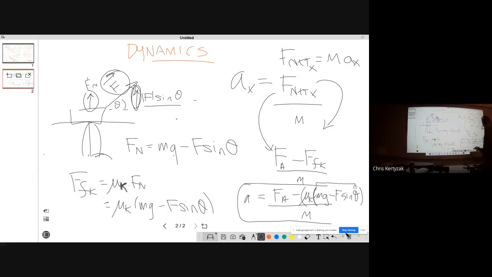Usually we wouldn't put that extra parentheses there. That's usually how we'd write it: Fa minus mu k in parentheses mg minus F sine theta, all divided by m.